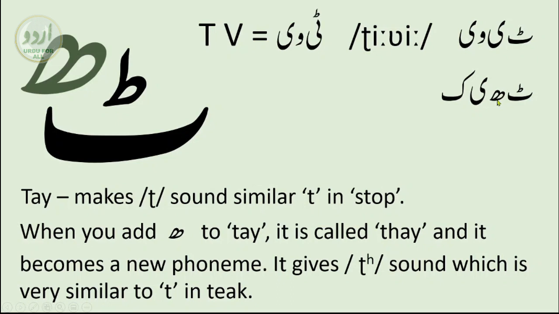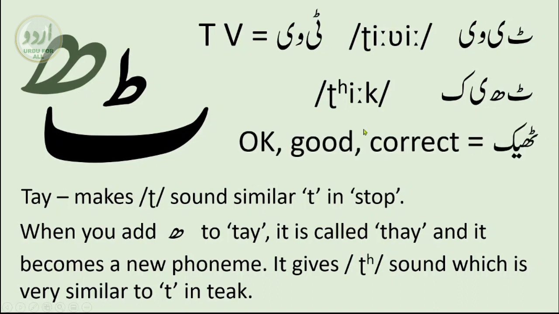Te, do chashmi hai, join together, make t sound, choti ye, and kaf k. So it'll make teak. Teak means okay, it can mean good, it can mean correct. A really, really important word, in fact, because you can spend a whole conversation just saying teak, teak, teak.